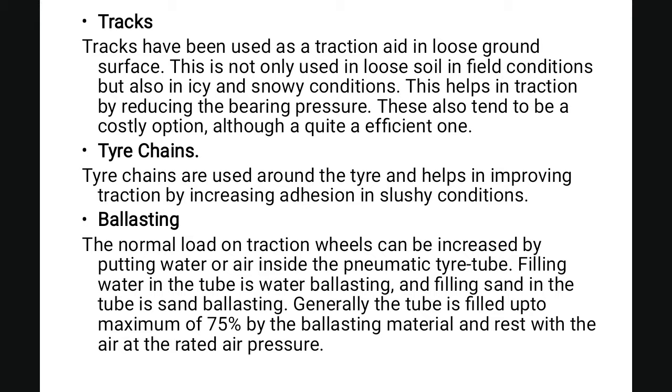Now ballasting. The normal load on the traction wheel can be increased by putting water or air inside the pneumatic tire tube. Filling the tube with water is water ballasting, and filling it with sand is called sand ballasting. Generally the tube is filled up to a maximum of 75% with the ballasting material, and the rest with air at the rated air pressure.